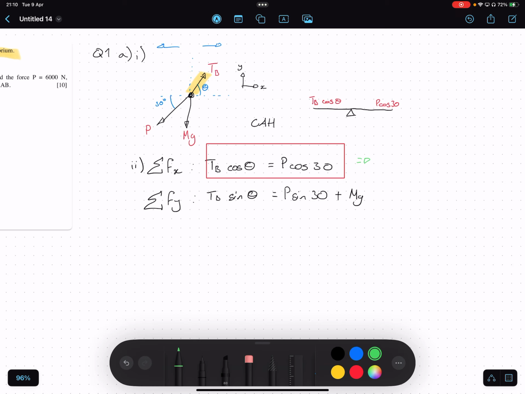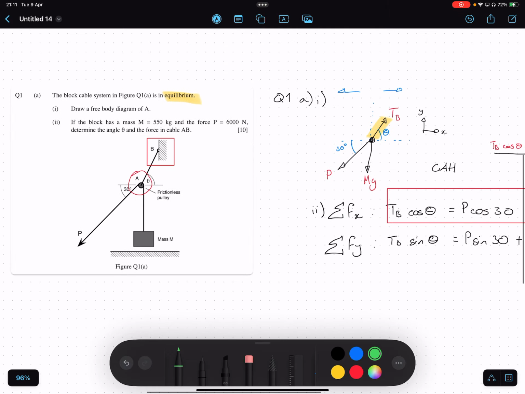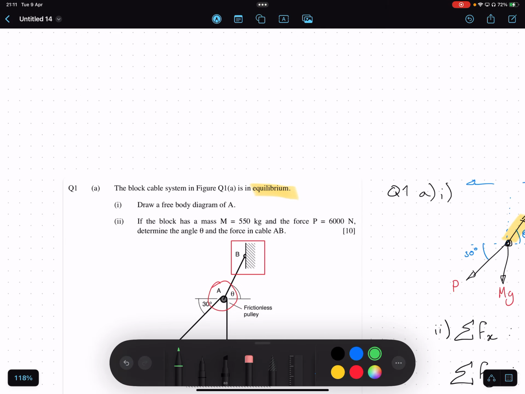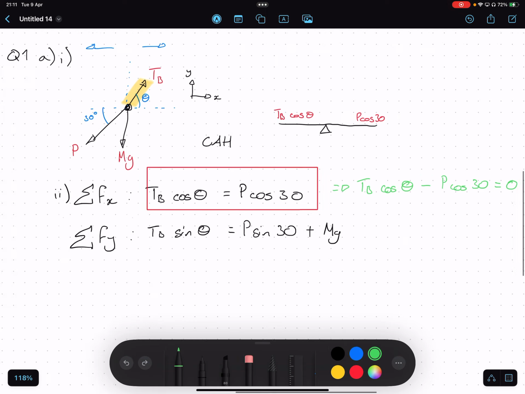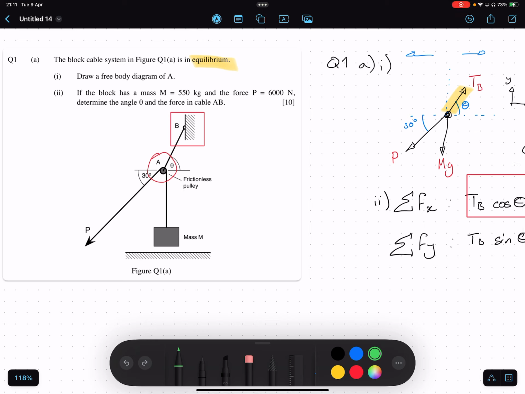We'll see that if we rearrange our equation for the sum of forces in the x direction, we will see that we get TB cos theta minus P cos 30 is equal to 0. So again, the sum of all forces is equal to 0, i.e. we are in equilibrium. And also note that this negative sign tells us that P cos 30 is acting in the opposite direction to TB cos theta.